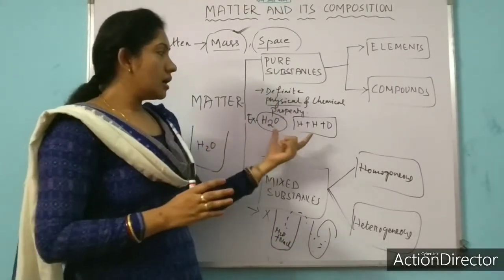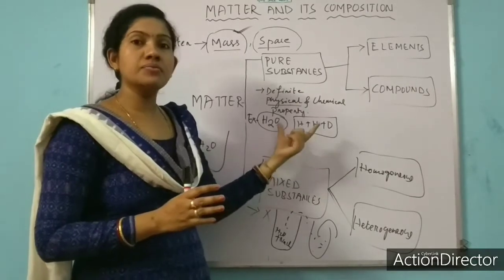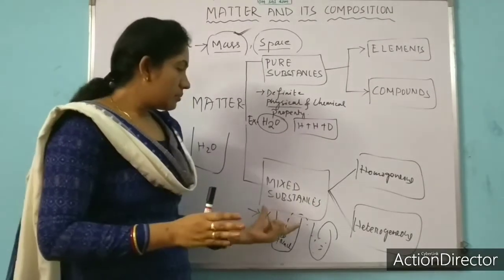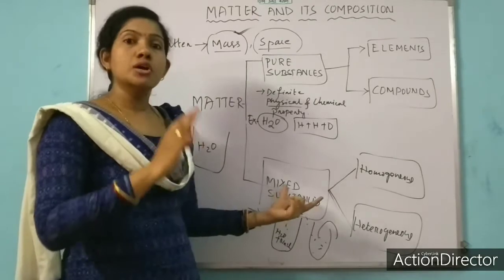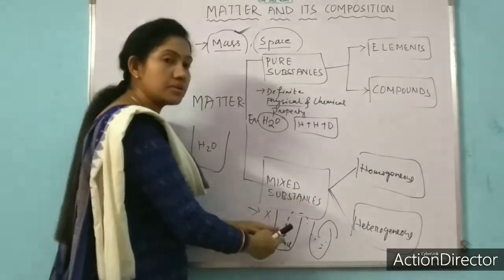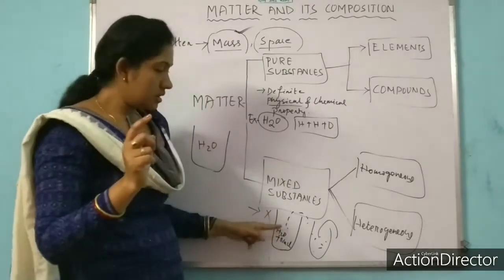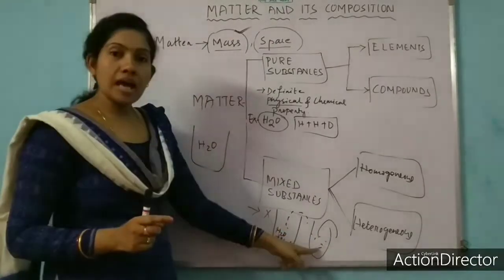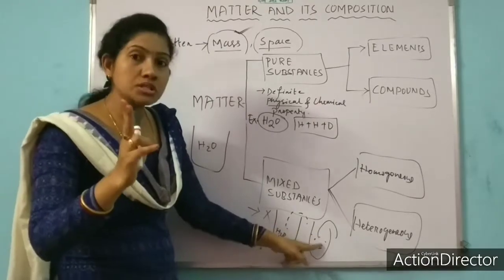Again I am repeating, a pure substance has a fixed chemical and physical property, but a mixed substance does not have a fixed chemical and physical property, because here I have taken 1 teaspoon of salt, and in the second glass I have taken 2 teaspoons of salt.